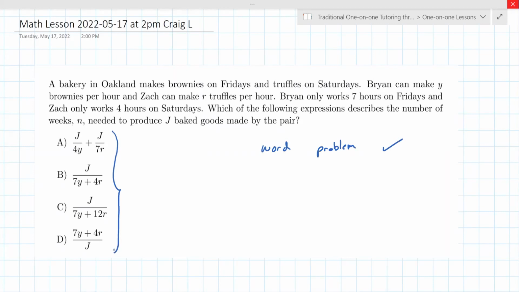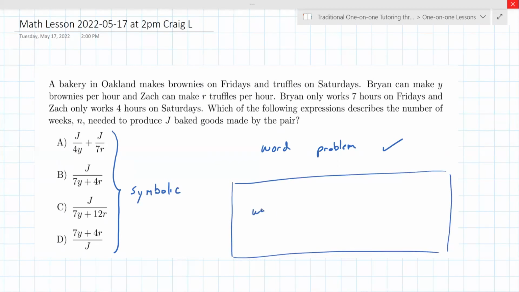Are there any numbers here? There are some numbers, but most of it is letters, so we would consider this symbolic. You'll definitely want to use this space to work out the problem.